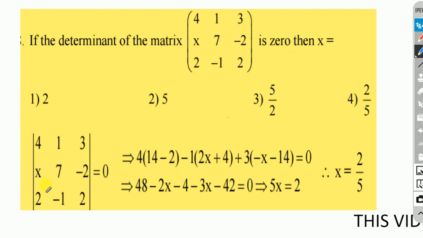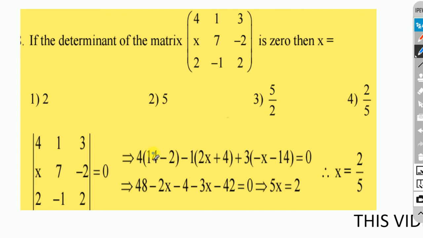Now let us expand this along the first row. I will take 4 here: 7 into 2 is 14, minus of minus 1 into minus 2 is minus 2. Next, minus 1 here. When you delete this column and row, I have x into 2 is 2x plus 4 here, and let us leave these two. So I have minus x minus 14 here, which is equal to 0.